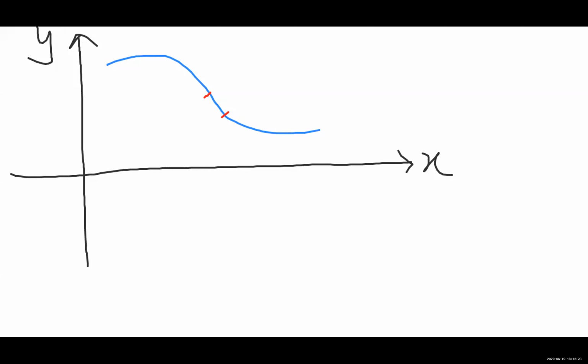Okay, so to find the length of the straight line, what I do is that I construct a teeny tiny right angle triangle where this side of the right angle triangle is dx and this side of the right angle triangle is dy, right?